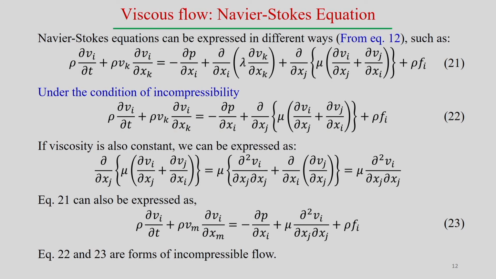This Navier-Stokes equation can be expressed in a different way from equation number 12, such that we get the velocity components, and the pressure also comes into the picture. Mu is the viscosity, and this represents the body force per unit volume.